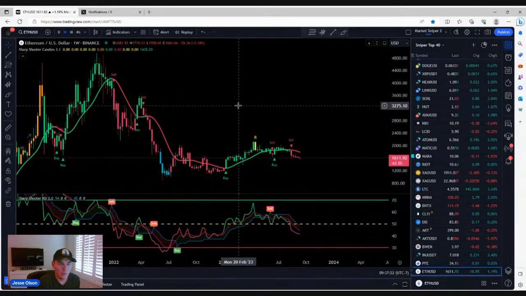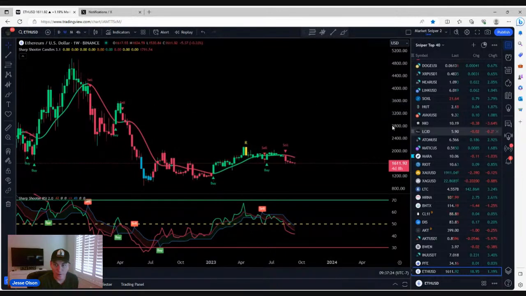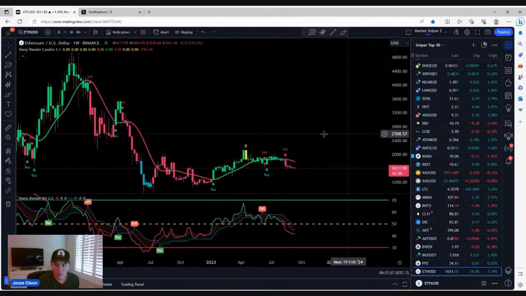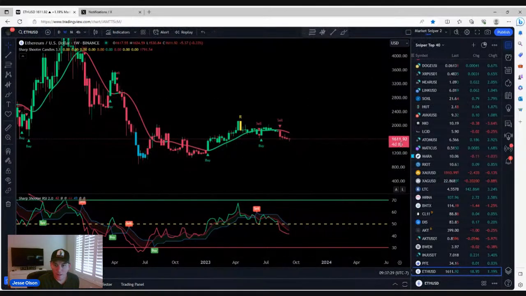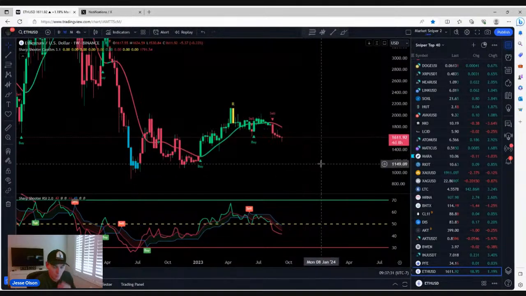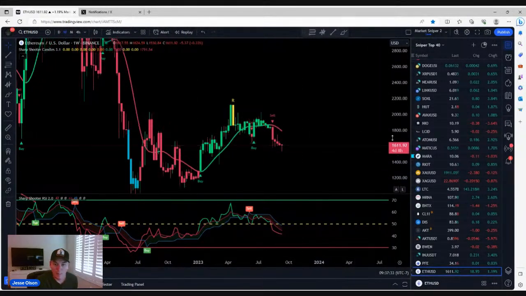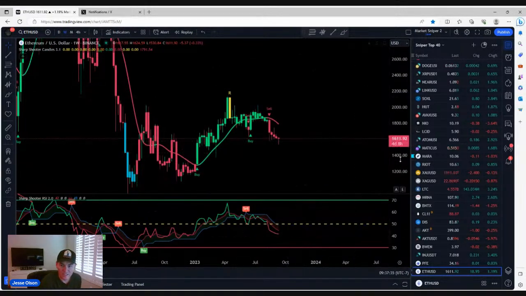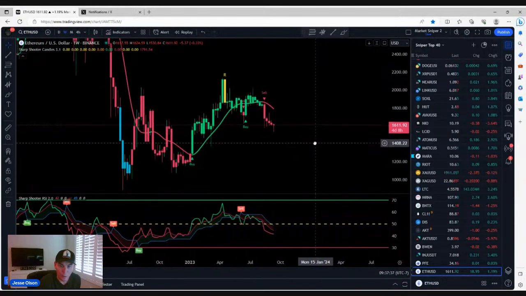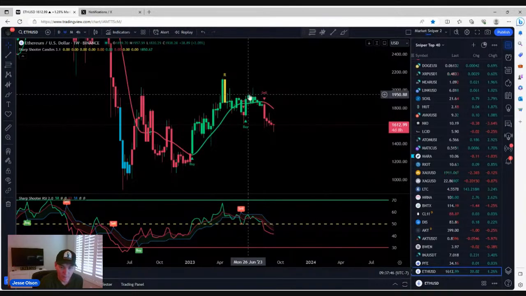So this is the weekly chart on Ethereum. And as you can see, it's still bearish, right? So the weekly chart is also rolling over very similar to Bitcoin. But one thing I would point out that is different for Ethereum is that it looks like it put in a lower high.